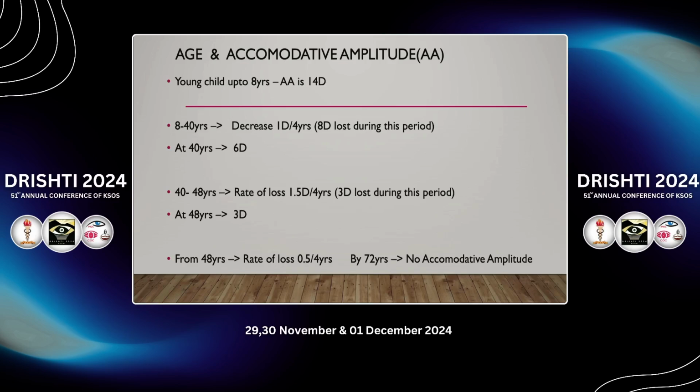So at 40 years the accommodative amplitude will be 6 diopters. It again decreases at the rate of 1.5 diopters, and at 48 years it comes to 3 diopters, and the rate of loss is less after that, 0.5 in every 4 years. So by 72 years of age there is no accommodative amplitude for a person.